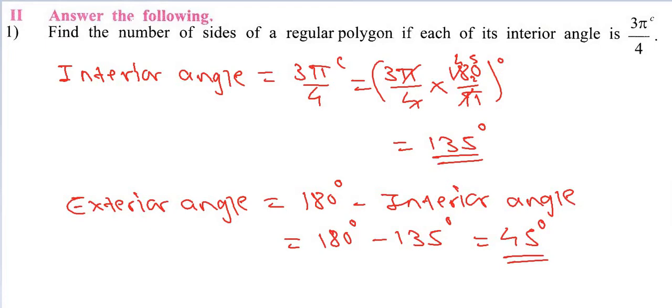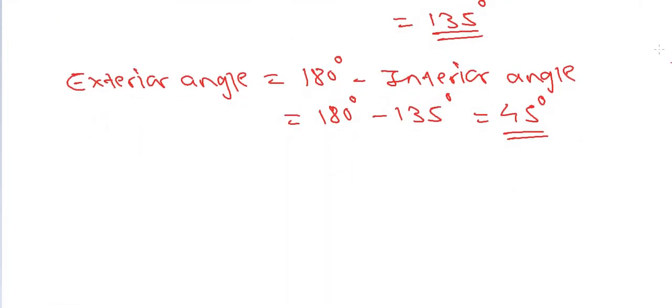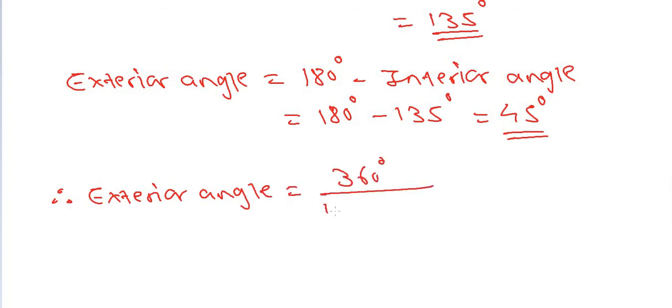Now once we have the exterior angle, we can use the formula: exterior angle is equal to 360 degrees divided by the number of sides of the polygon.